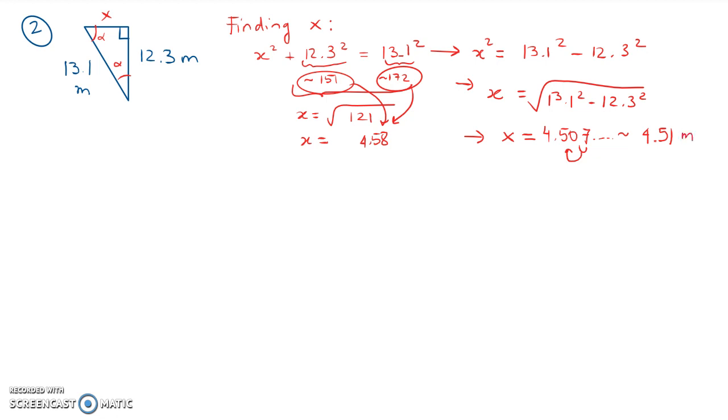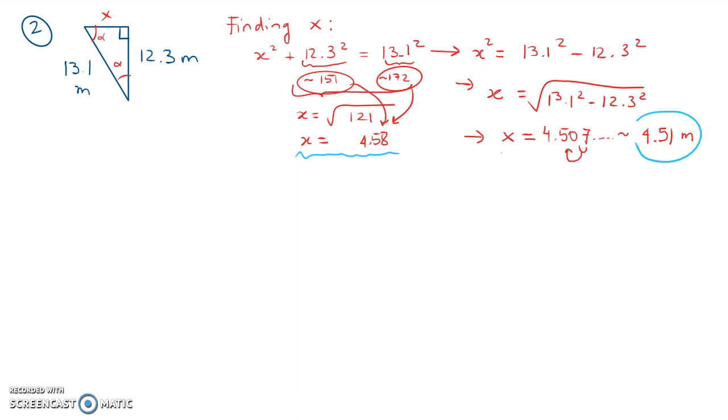So if you compare the two results we got, we got 4.58 over there, and here we get 4.51. So we're actually off by quite a bit, 0.07.